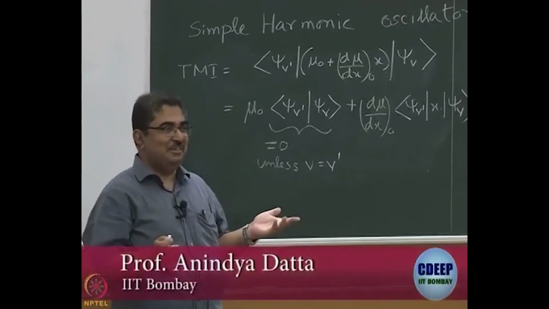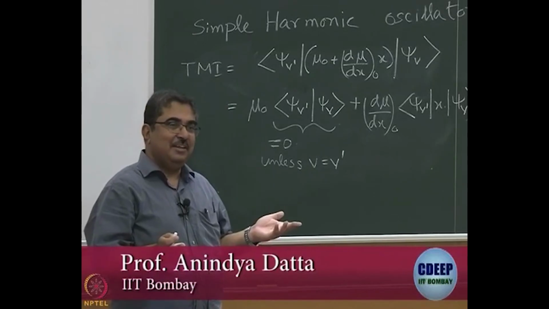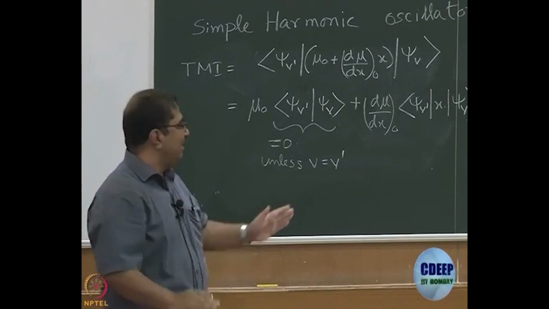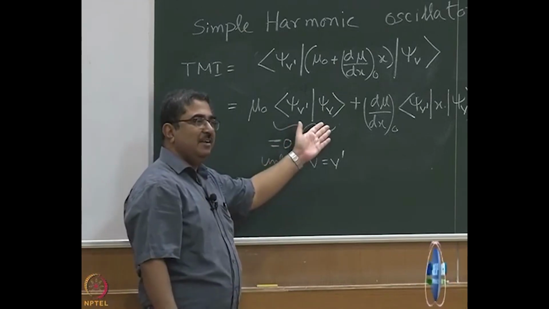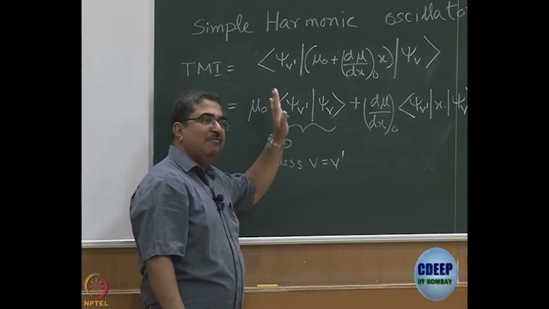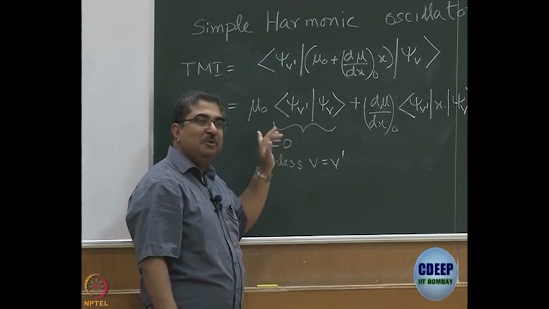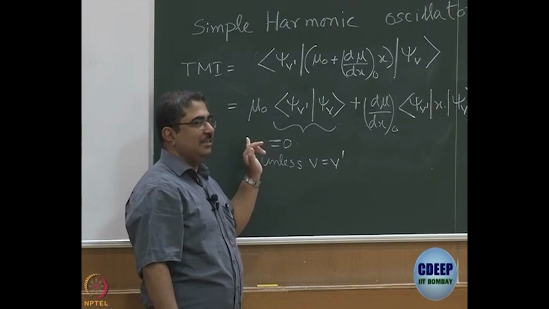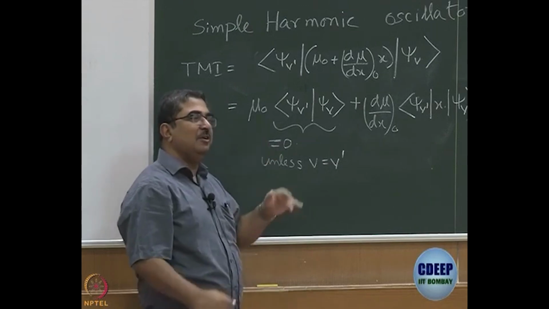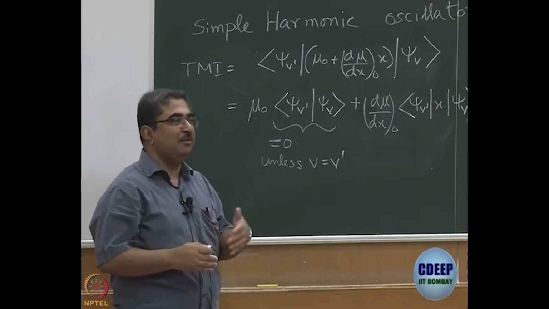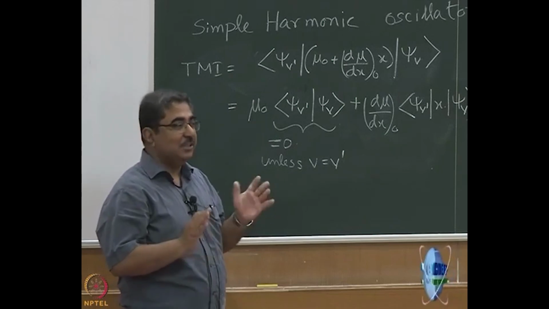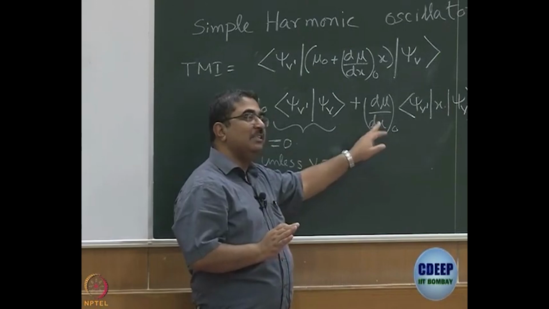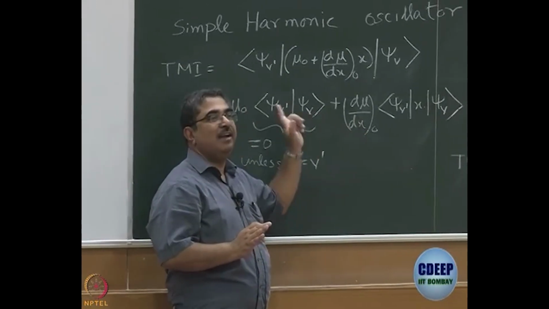So, for the purpose of spectroscopy, for the purpose of transitions, the first integral vanishes, and when it vanishes, it takes mu 0 along with itself, right. So, mu 0 is no longer important. It does not matter whether your molecule is highly dipolar or less dipolar, or even mu 0 equal to 0. As long as d mu dx 0 is non-zero, you are going to have IR activity.